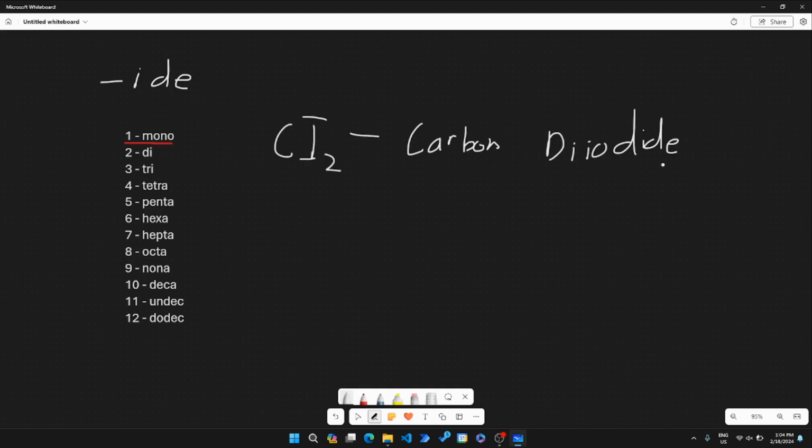And then for carbon dioxide, we all know this. This is CO2. And this becomes the carbon from the start. And since it's the very first one, we don't add a mono in front. And this becomes dioxide.